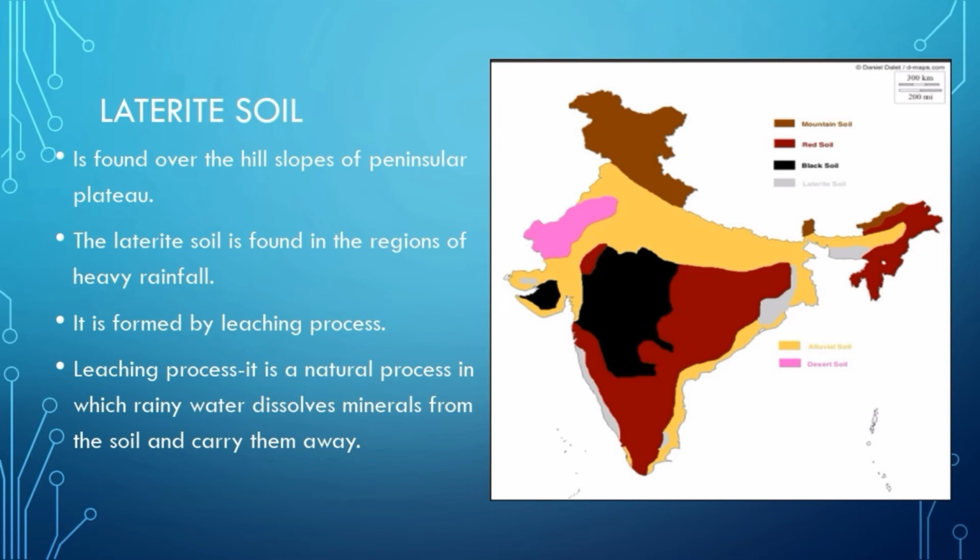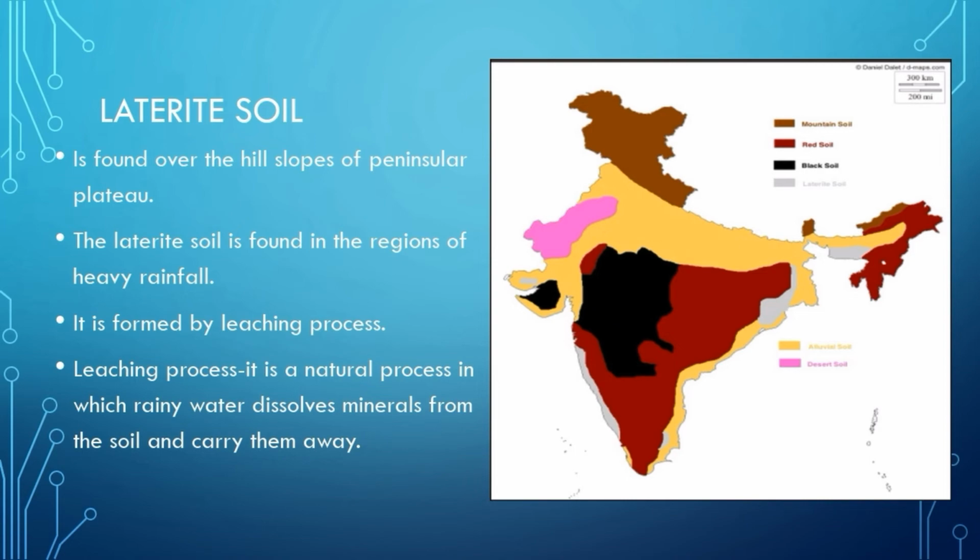Leaching is a natural process in which rainy water dissolves minerals from the soil and carries them away. So, could you understand that laterite soil is formed by the leaching process? Have a look at a map.